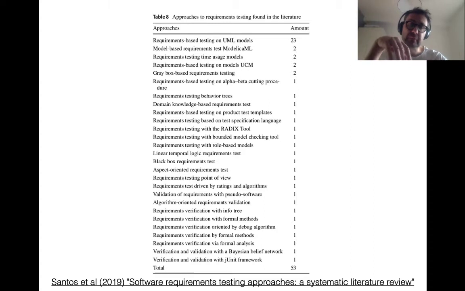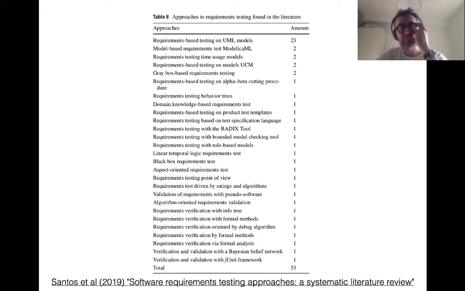As you can see, they have a table in this literature review where they summarize what kind of approaches there are in the literature. In total, they found 53 different research papers or studies that somehow use requirements for driving the testing.